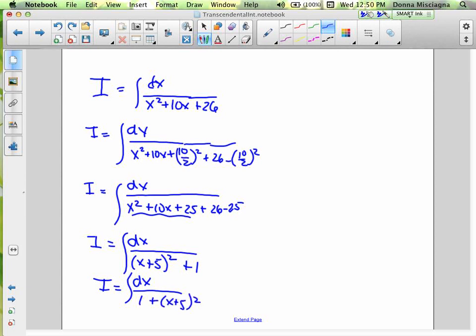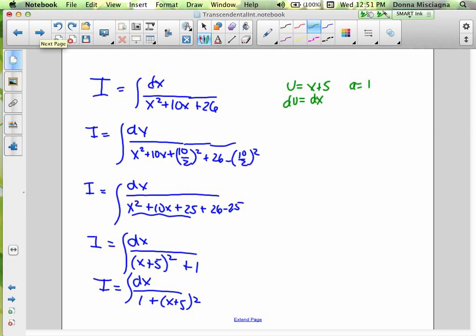Let's identify the u and the a and the du. All right, so u is x plus 5. The derivative is just going to be 1 dx, right? And then the a is 1. So now we don't much need that in front. You should recognize that this is arctan, right?